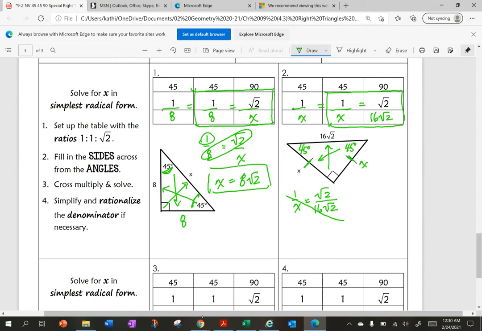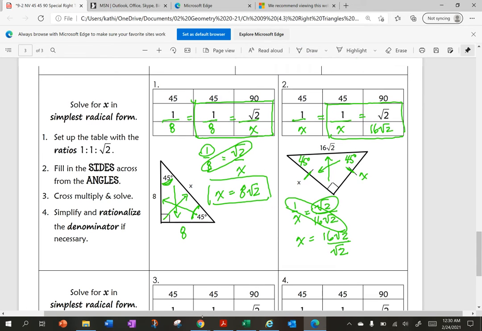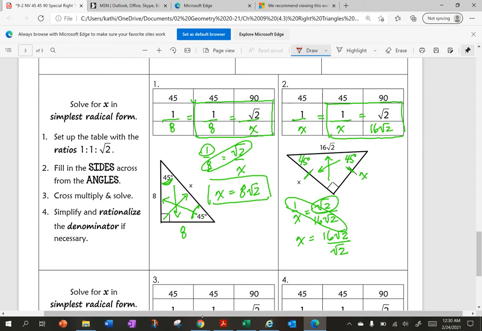So x equals 16 times the square root of 2 divided by the square root of 2. Anything divided by itself is 1. So the square root of 2 divided by the square root of 2 is 1. So I'm left with x equals 16.